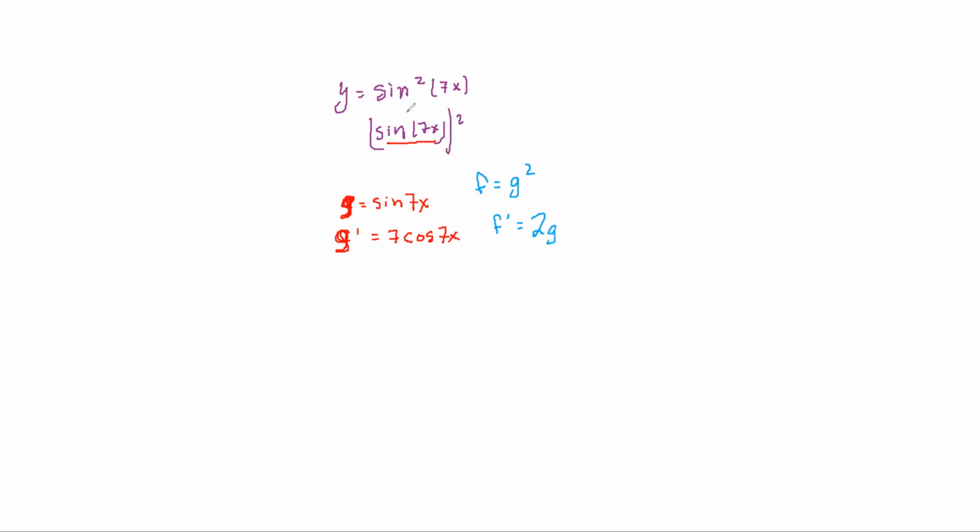So if the sine is squared, or if it's cos squared, then you're going to have to use the chain rule anyway. And so what this is going to come out to be is 2 times sine 7x times 7 cos 7x, or 14 sine 7x cos 7x.